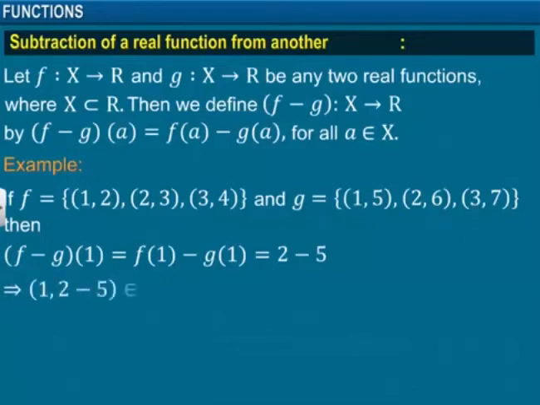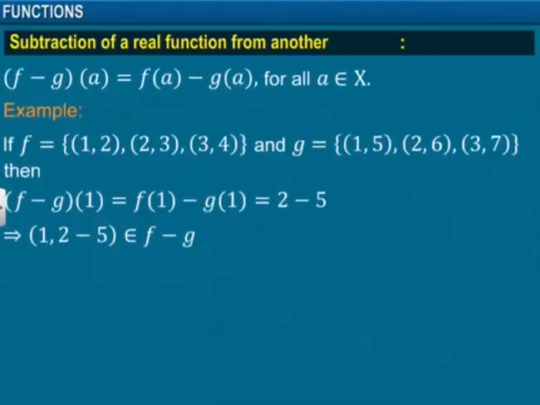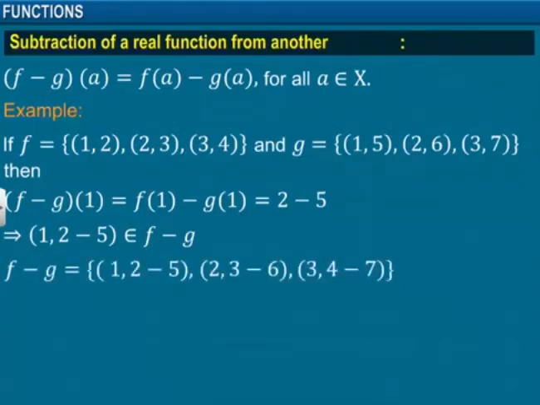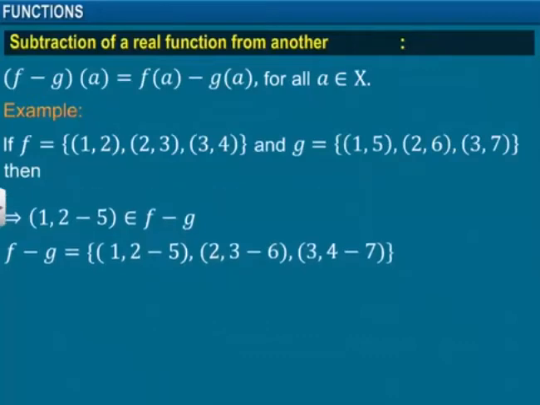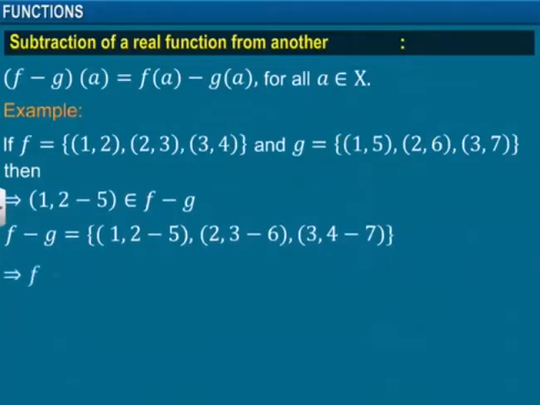Similarly, you can get two more ordered pairs. Hence, f minus g has three ordered pairs: (1, minus 3), (2, minus 3), (3, minus 3).